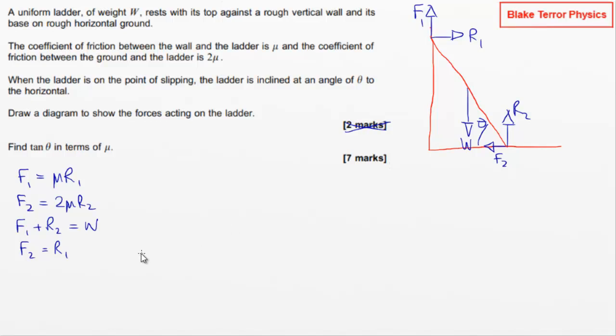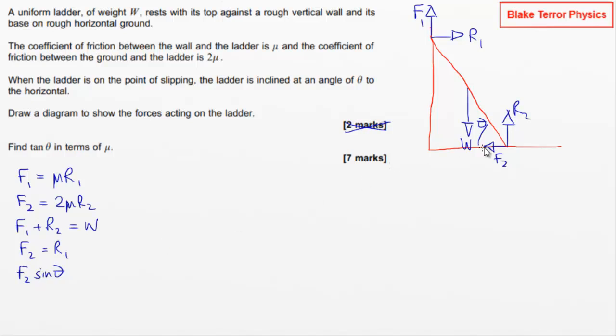I'm not going to bother putting in the length of the ladder, because it's all going to cancel out, since we've got 2 forces acting at full length and the W acting at half length. Provided we halve the W moment, everything's going to be fine.